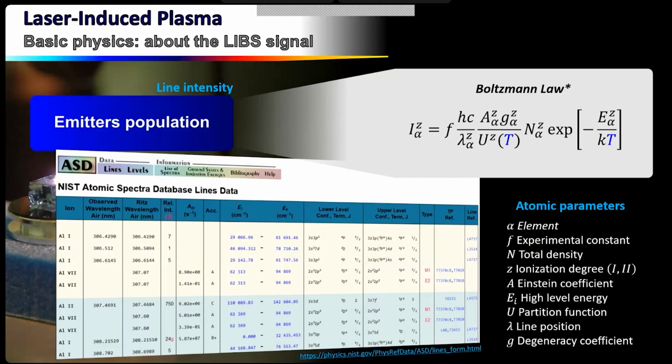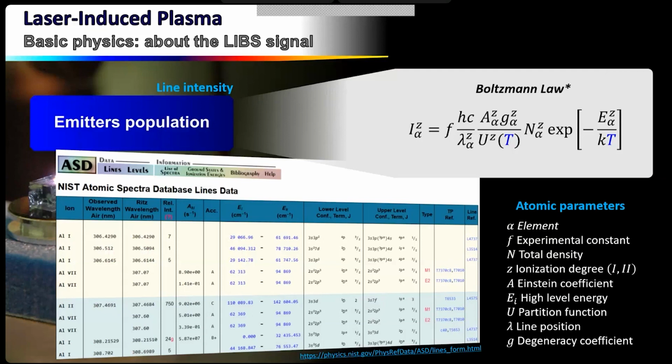I just wanted to show you that for each element, you will have, in some cases, 2 or 3 lines, in other cases, thousands of lines, and each line will have different atomic parameters and so on. But I will come back to this later on.